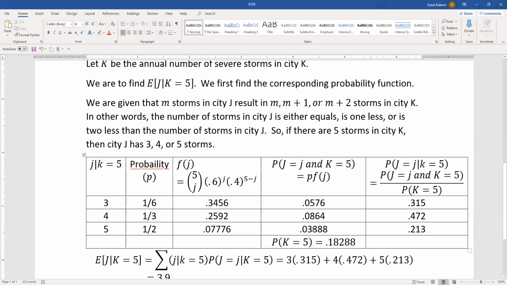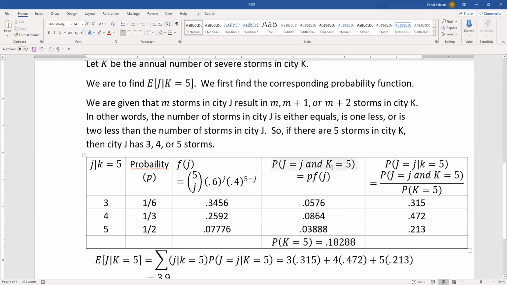And then in the denominator here, we need probability K equals 5. So K equals 5 can occur if J equals 3 or J equals 4 or J equals 5. And the probability of that happening is this or this or this.